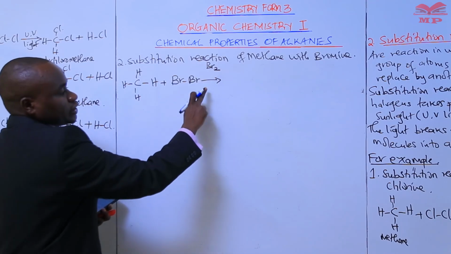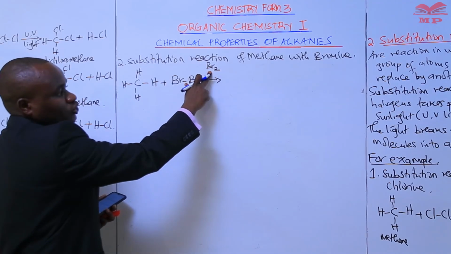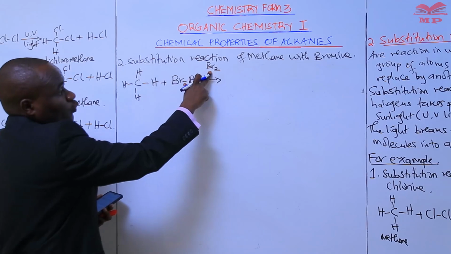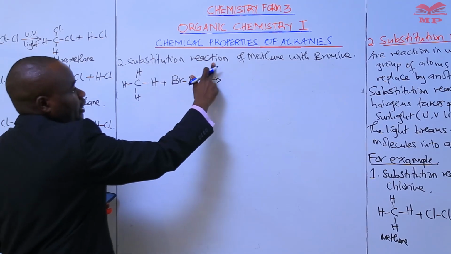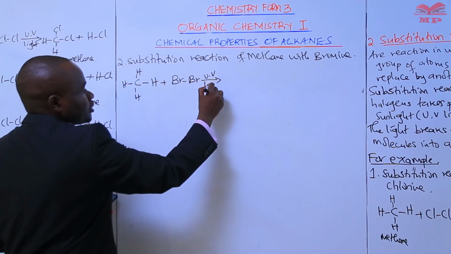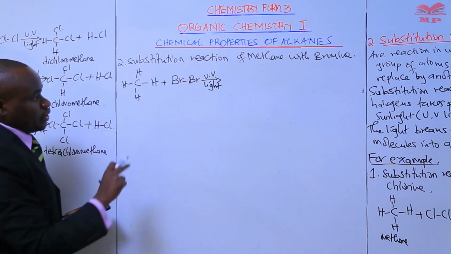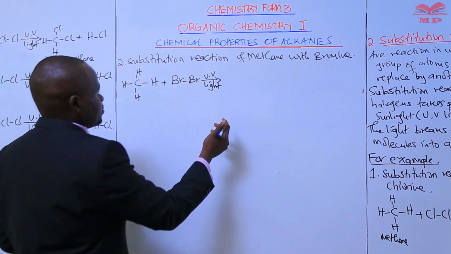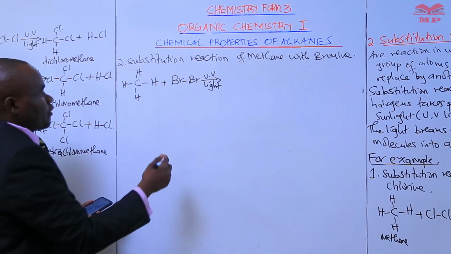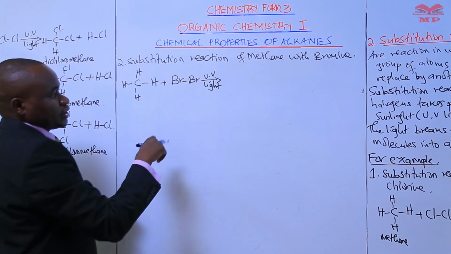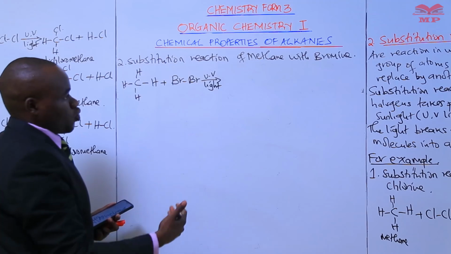Because of the light, this molecule will be broken down by the UV light to give you 2 bromine atoms. So substitution occurs just like with chlorine. Each hydrogen is substituted one at a go.